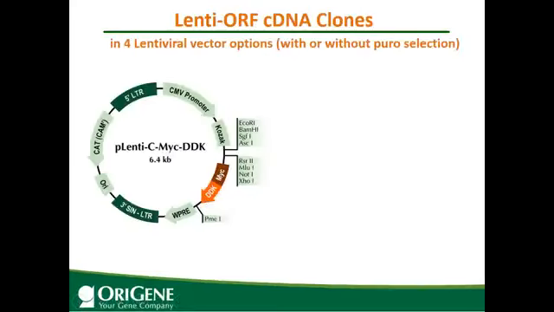Now, more details about Lenti-ORF clones. Any gene with the same ORF is provided in 4 different lentiviral vector options, with or without puro selection. So this is the lenti-C-MYC-DDK vector. Your ORF will be cloned into these cloning sites, and it will be in frame with the MYC-DDK tag. So the protein will have the C-terminal MYC-DDK tag.